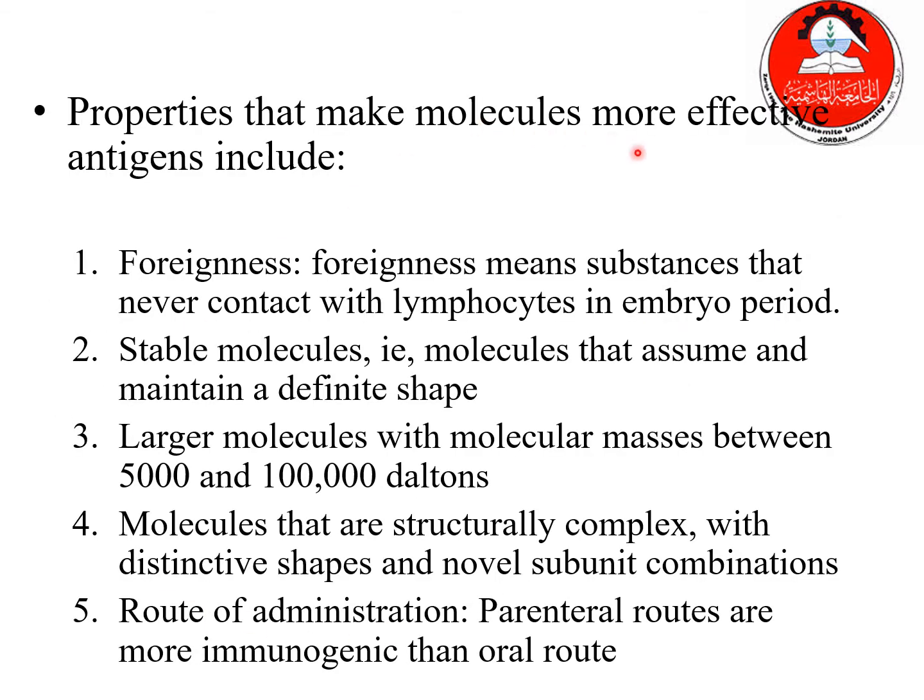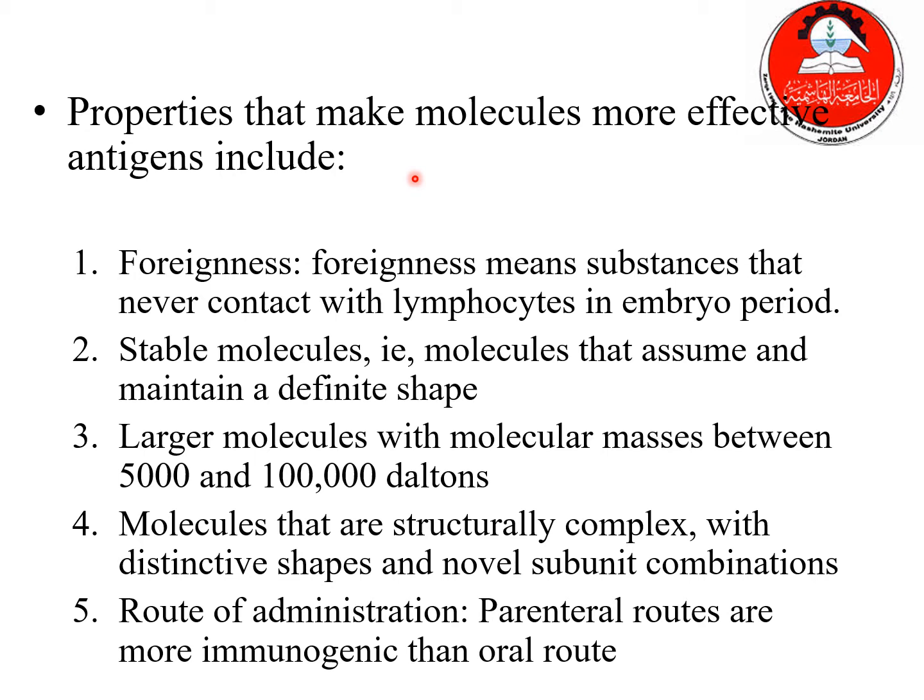Properties that make a molecule more effective as an antigen. So for a certain molecule, in order to be highly antigenic or produce an immune response, it needs to be foreign. So self-antigens are recognized by the immune system and they are not reacted upon.